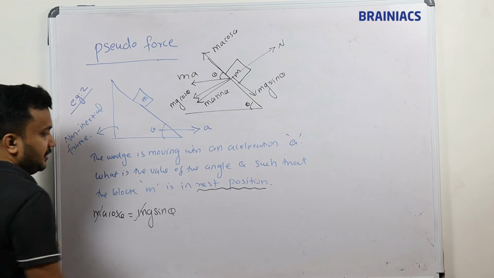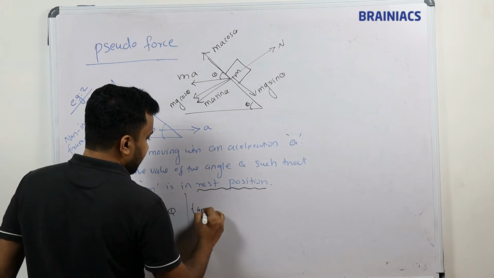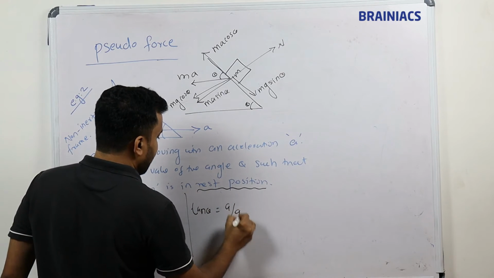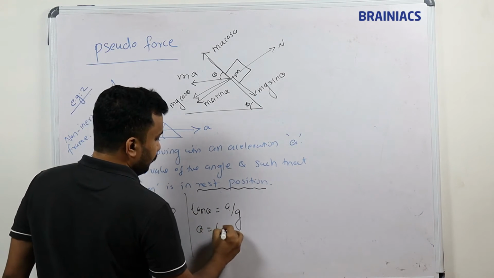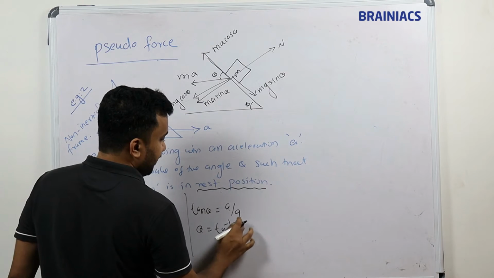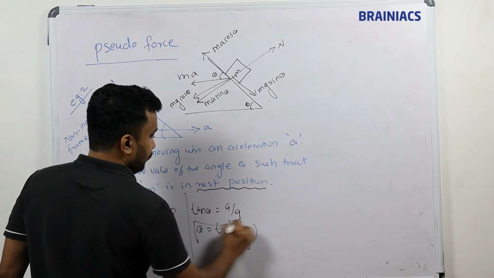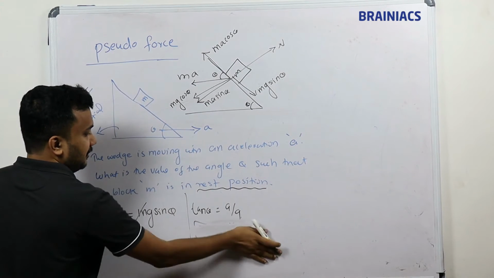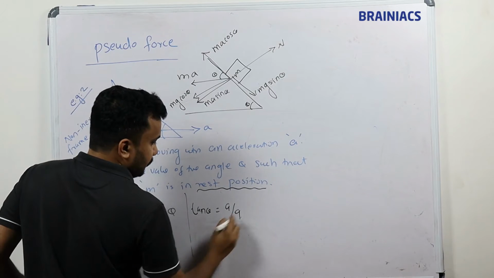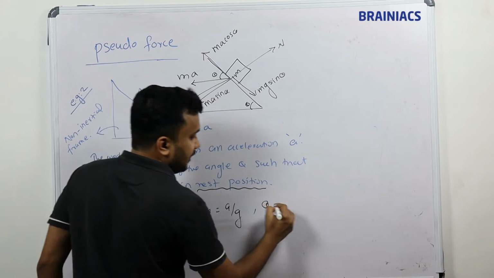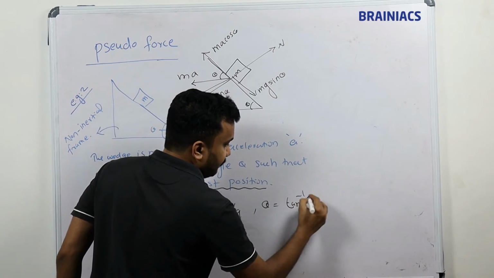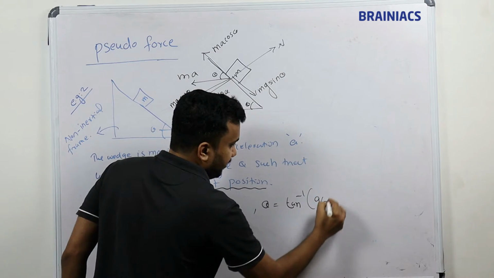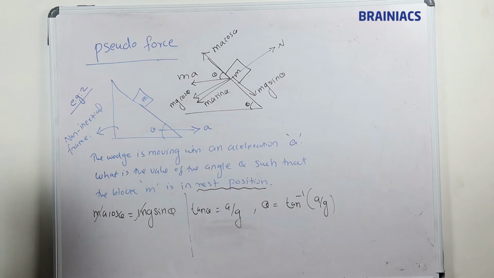Sin theta by cos theta, I can say tan theta will be equal to a by g. Theta equal to tan inverse of a by g. Let me write it here. So tan theta is equal to a by g, and theta will be equal to tan inverse of a divided by g. So this is the answer for this question.